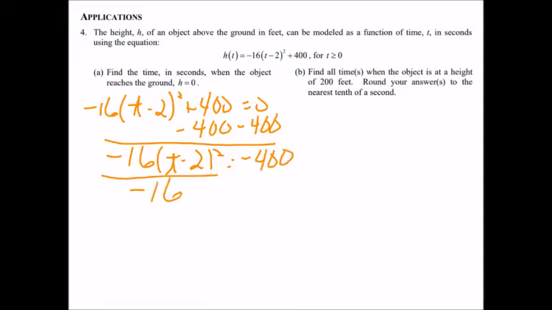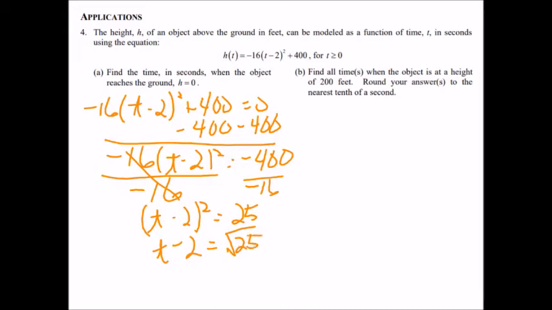Divide by negative 16. (T minus 2) squared is equal to, I think that's 25, yep. So if I take the square root, I get t minus 2 is equal to the square root of 25. So t minus 2 is plus or minus 5.